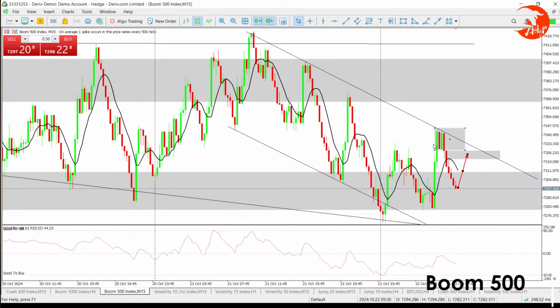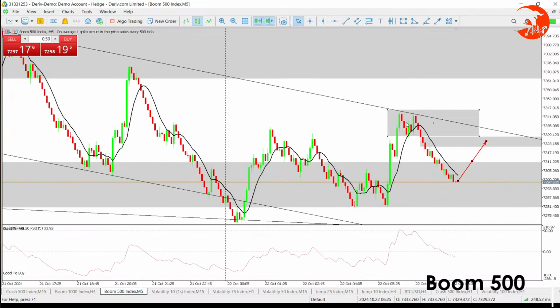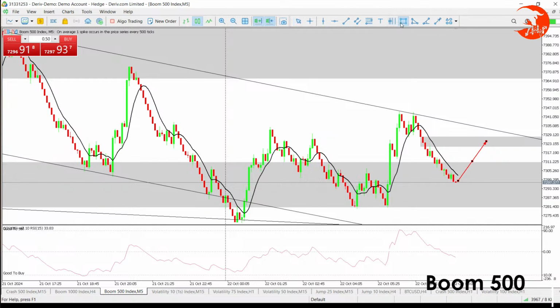Why do I say it's a double top? If I go to M5, it's a clear double top. I don't need to go there first to know and understand that it is a double top. When you see a formation like that of candles on the lower time frame, you clearly see that it is a double top. So that's why I said that's a double top, and it was confirmed.